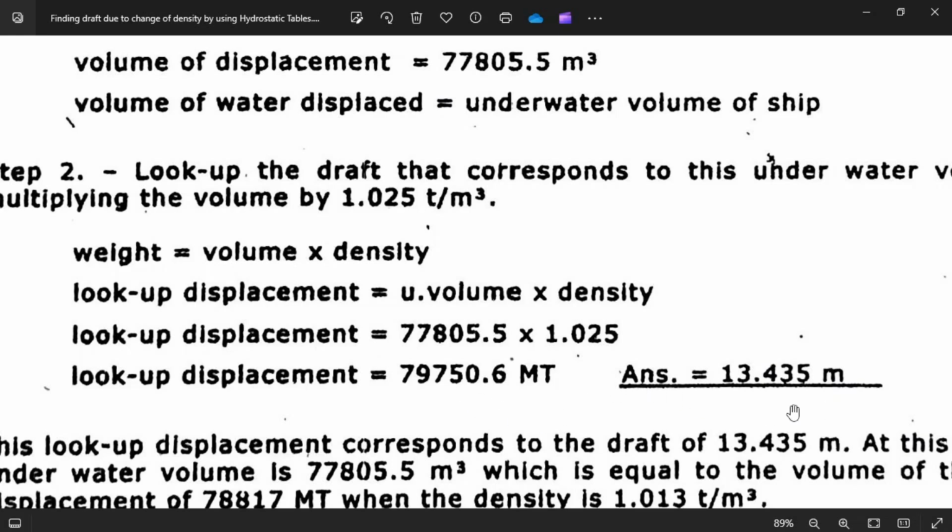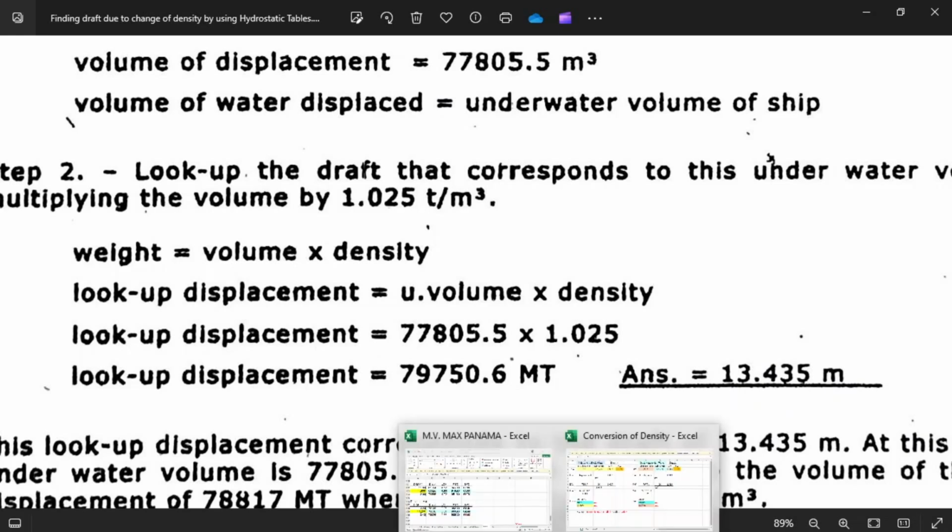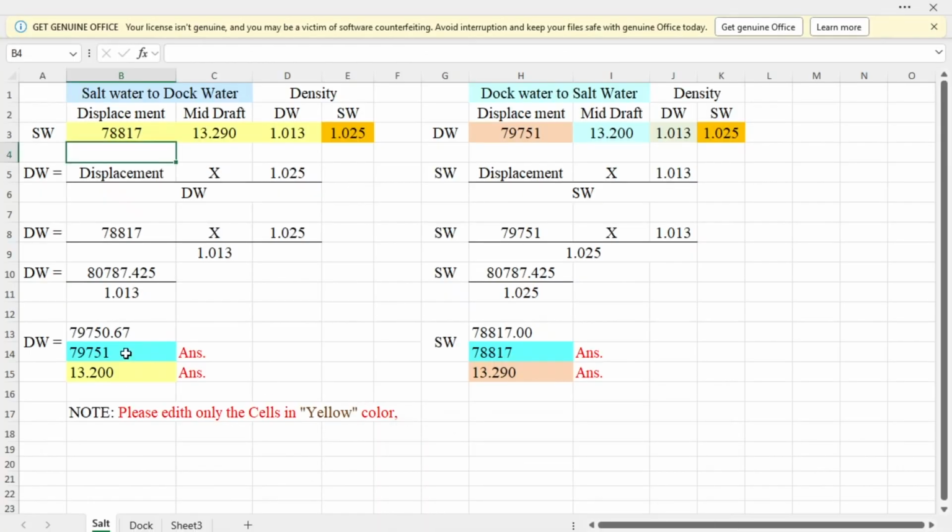And the corresponding draft would be 13.435. So we got here 79751, which is rounded up, and what will be its corresponding draft of 79751.